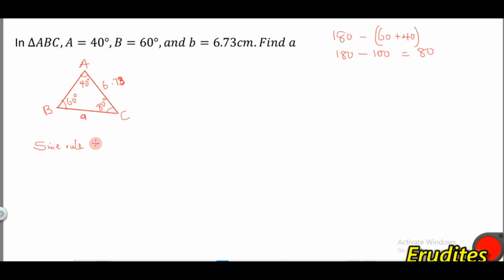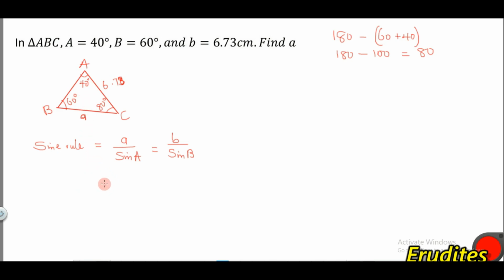The sine rule I'm going to use is a over sine A is equal to b over sine B. And you should know the reason why I'm using this: angle A is given, and small a is what I'm looking for. Angle B is given, and the side is also given. So that's why I'm using this.